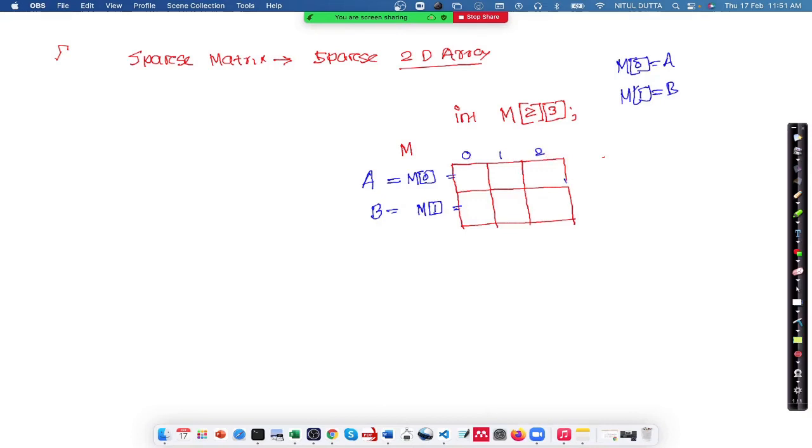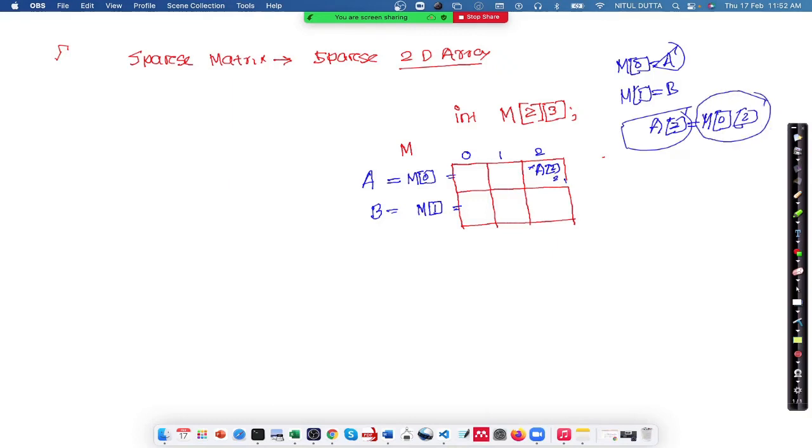If I say this element, actually this is A2. And what is A? A is M0. If I replace A with M0, 2, that means this element is identified as M02.